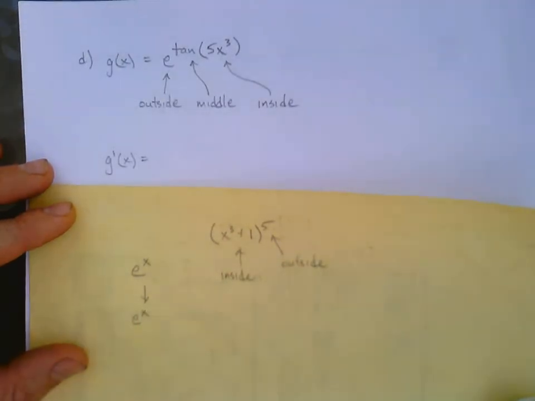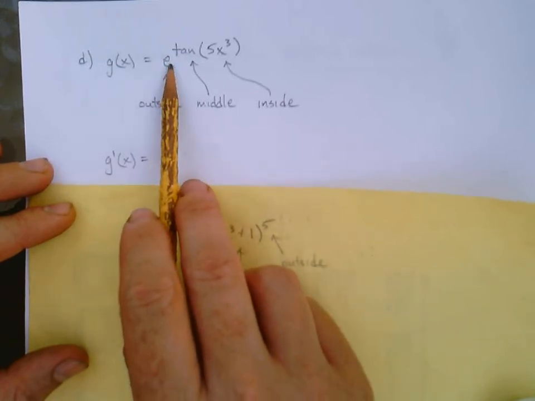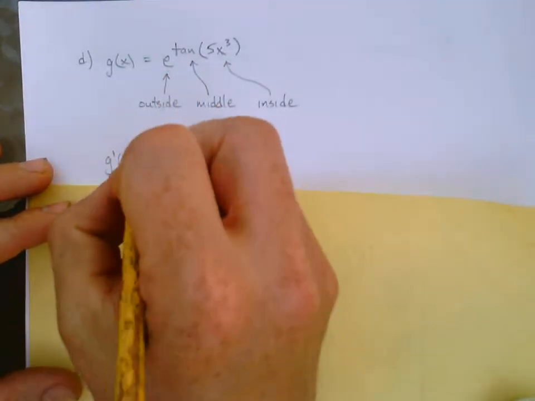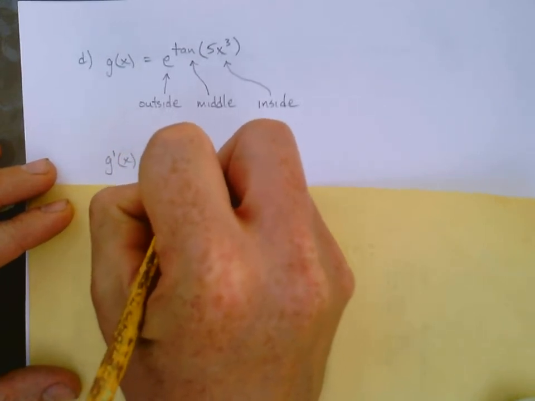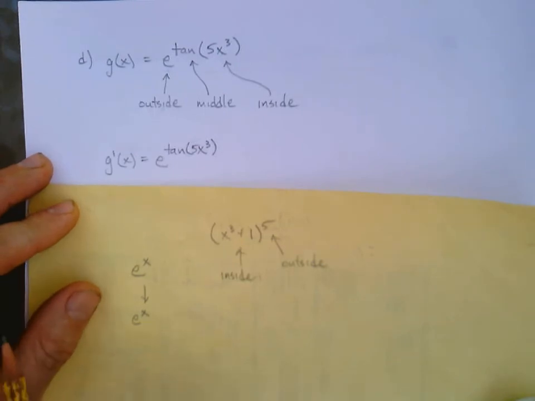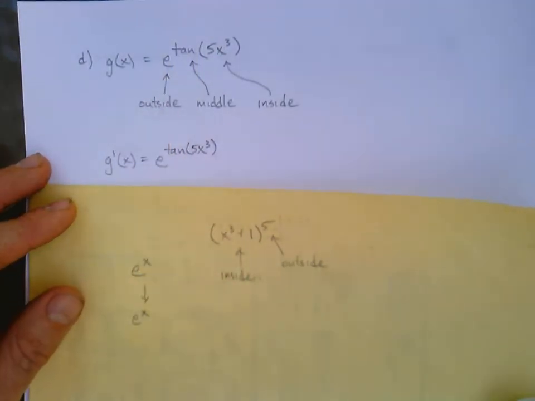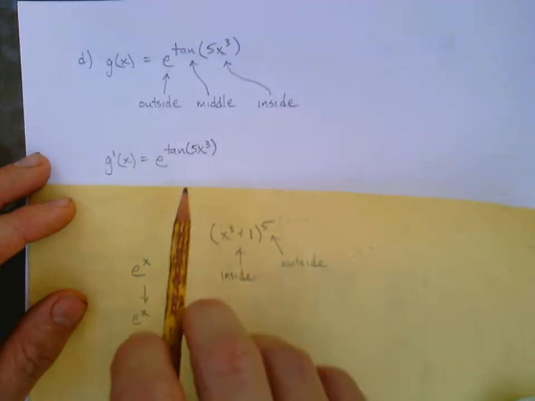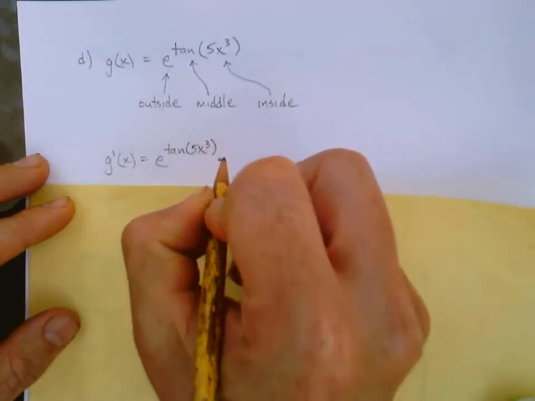So the derivative of the outside function, since it's e raised to a power, is just itself. We're going to copy everything. The derivative of e is itself. But there's more to it. There's a chain rule, so now we need to multiply.